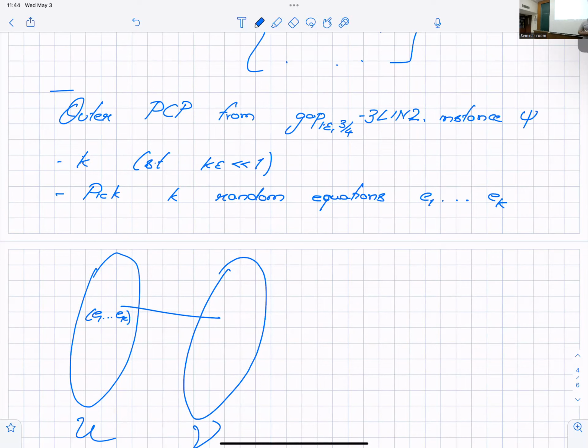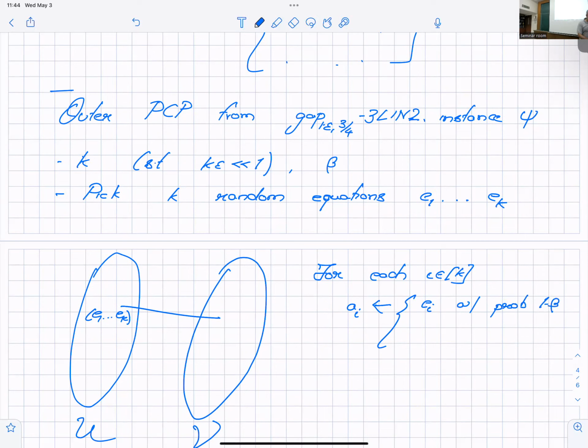Then there are some parameters floating: there's a parameter K, there's a parameter beta. And for each i in K, we'll do the following. A_i is going to be E_i with probability 1 minus beta.